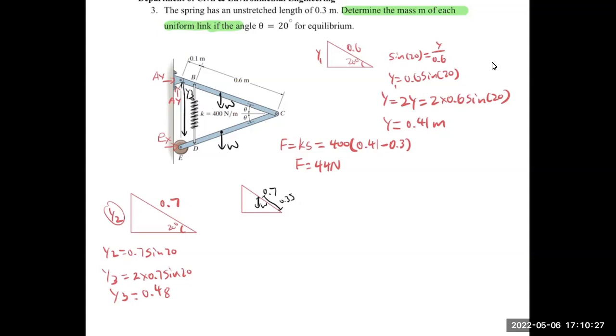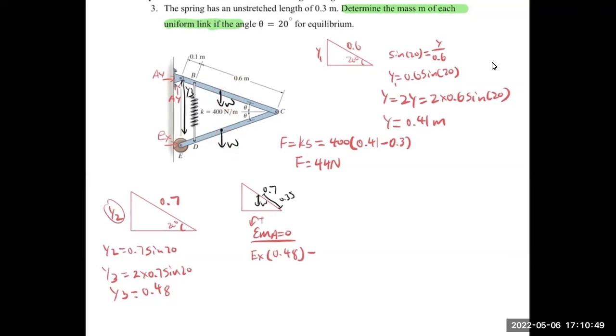Okay, so let's do summation of moments at A equals 0. So I have my EX multiplied by the perpendicular distance, which is this Y3 right here, 0.48. And then we have to minus those two weights right here, which since they're the same, I'm just going to say 2W, where W is equal to mg, right?